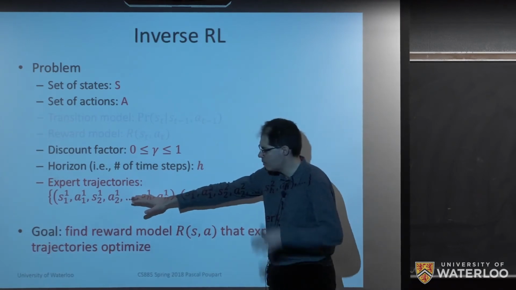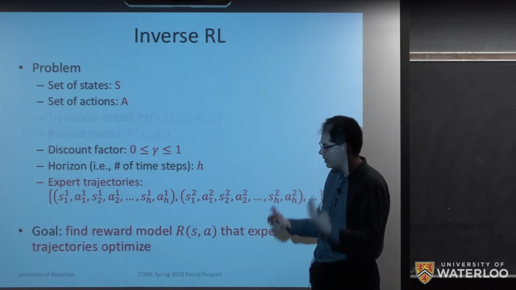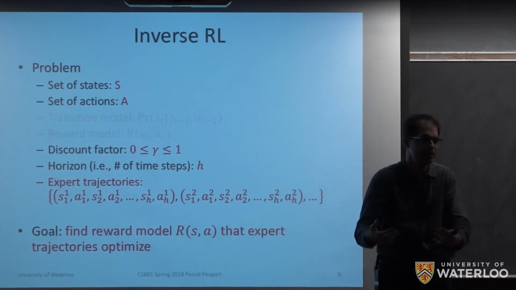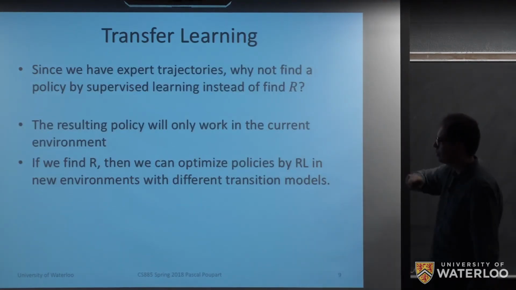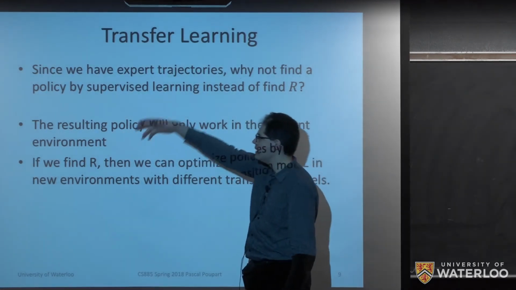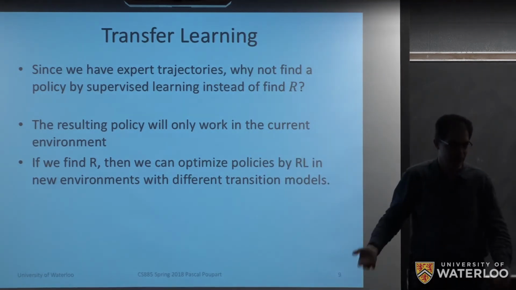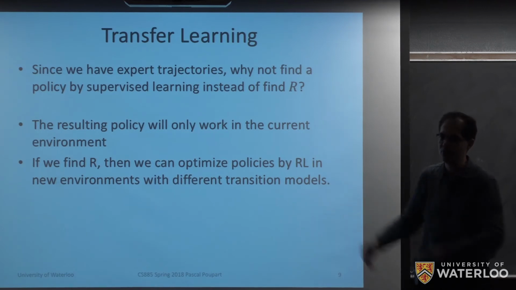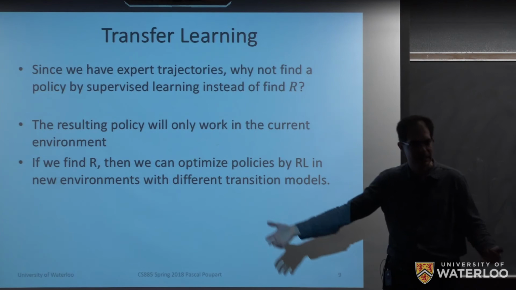And so, either we would like to be able to improve beyond what the expert is doing, or in some situations as well, we would like to be able to transfer to other settings. So for transfer learning, the idea is that the policy that we could obtain by supervised learning will work obviously in the current environment, but now what if we want to transfer this to a new environment where the dynamics, so the transition function, is slightly different.